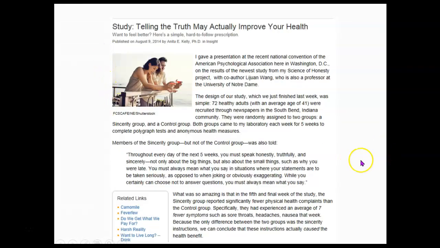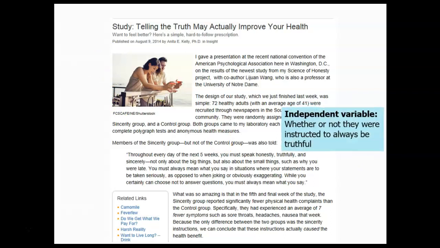In that study I was talking about here, the independent variable was whether or not people were instructed to always be truthful. They were divided into two groups. In one group, the people were given those instructions. In the other group, they weren't. So which group somebody was in, or whether or not they were told to always be truthful, that's the independent variable in that study.